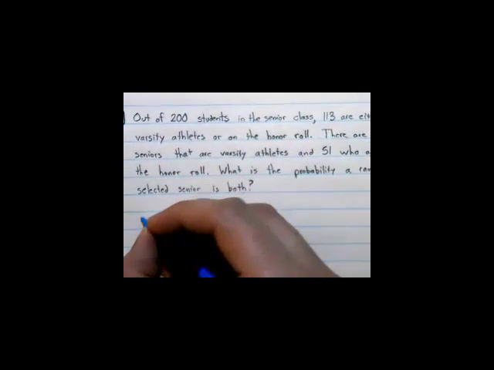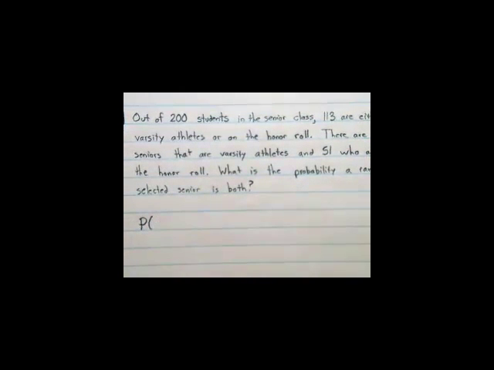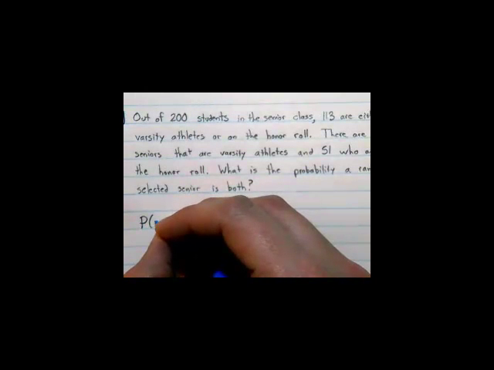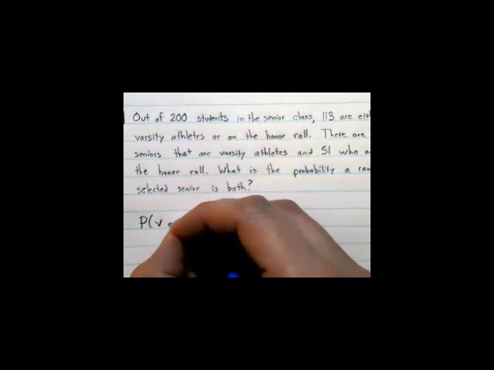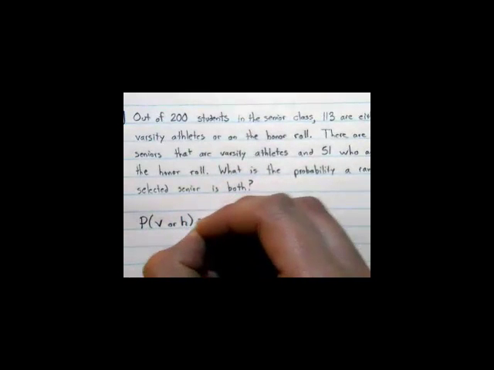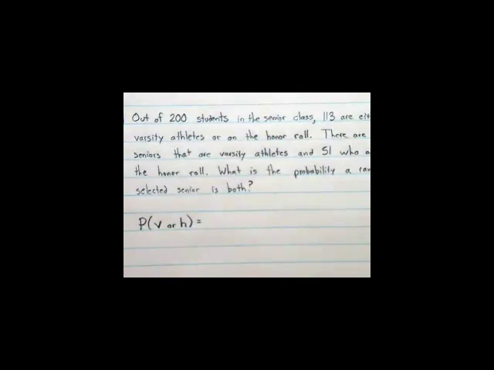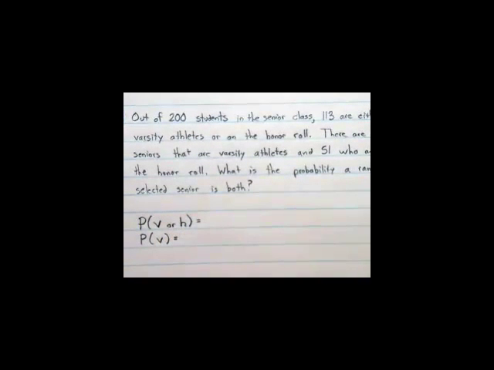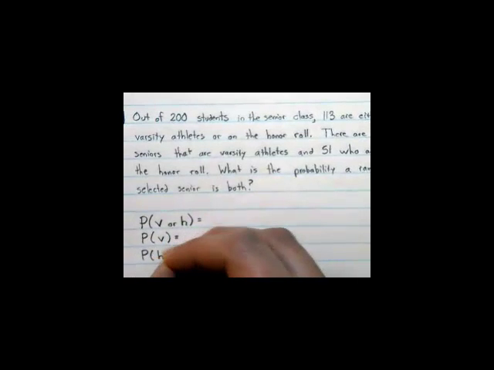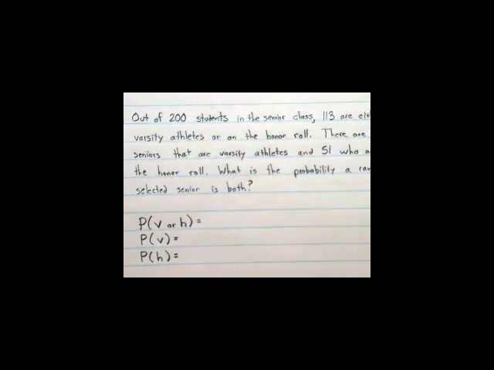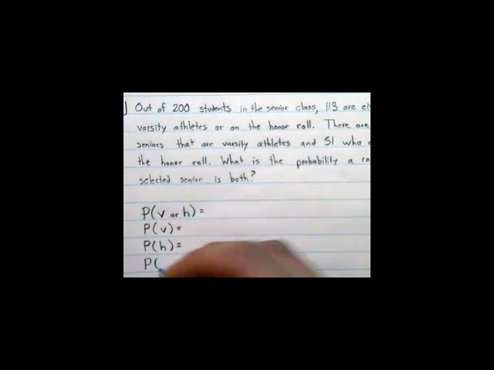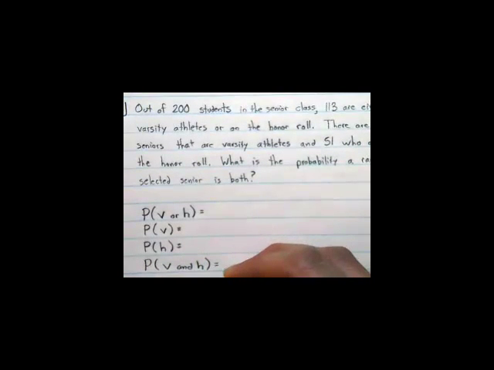So we can calculate from the given information the probability of, let's do V and H. So we have V or H, or honor roll. We can figure out the probability of being an athlete, and we can do the probability of just being on the honor roll. Okay, all the information in there helps us do that. We can use that information then to figure out the V and H, which is what we're going for.